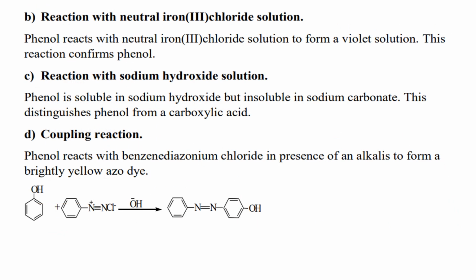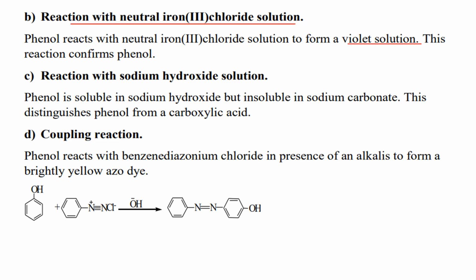Now looking at part B, the reaction with neutral iron(III) chloride solution. Phenol reacts with neutral iron(III) chloride solution to form a violet solution, or someone can call it a purple coloration. And this reaction is the only valid reaction that confirms phenol.